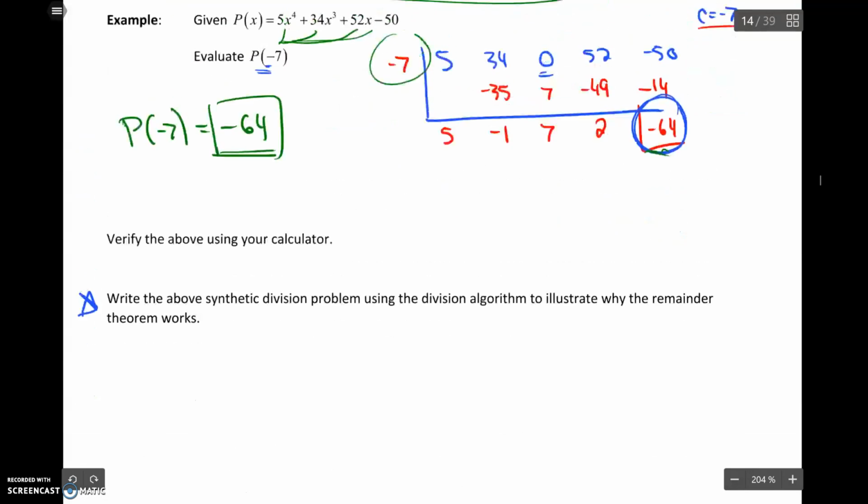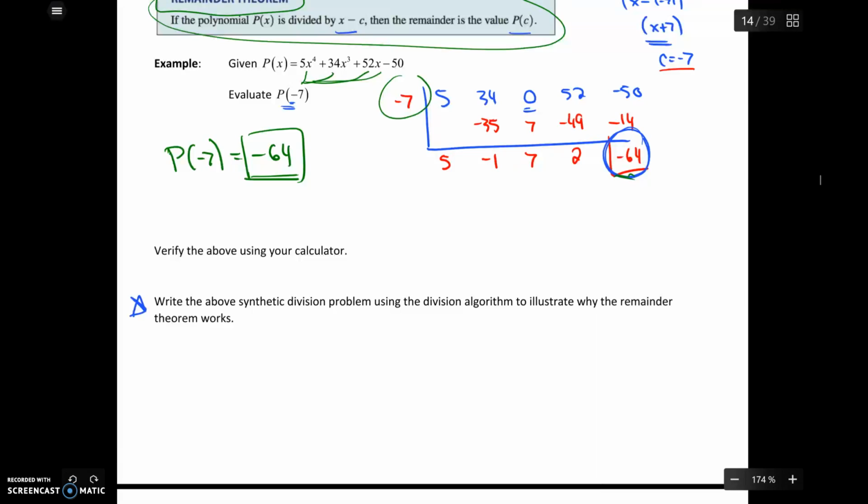So I'm going to illustrate this by writing this division using the division algorithm. Division algorithm, you take your dividend, it's equal to your divisor. My divisor would be x plus 7.